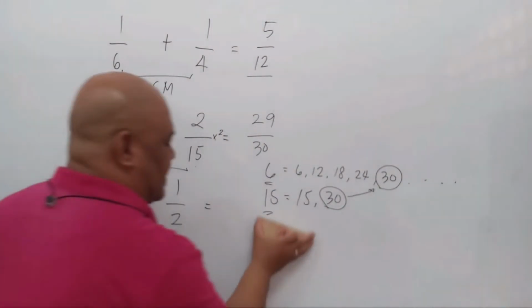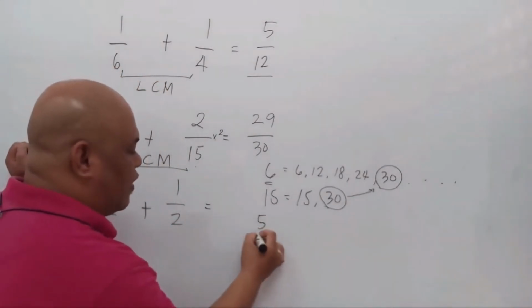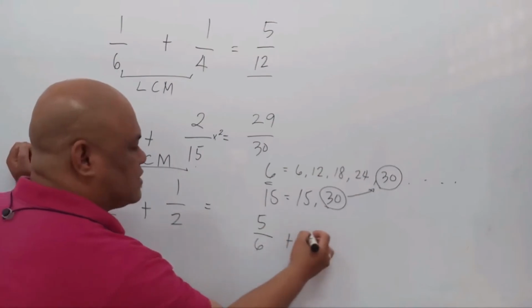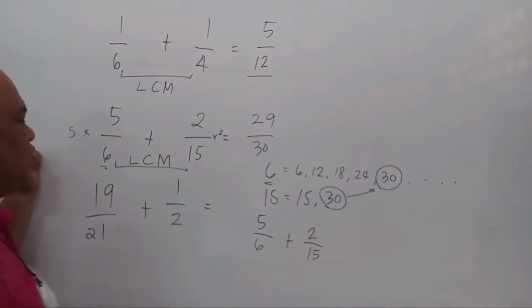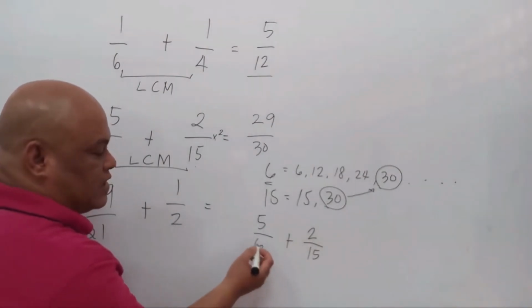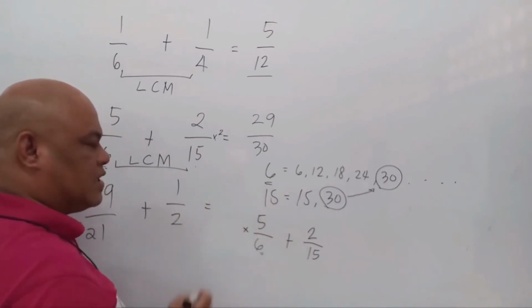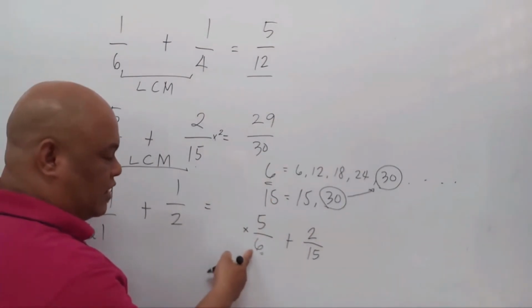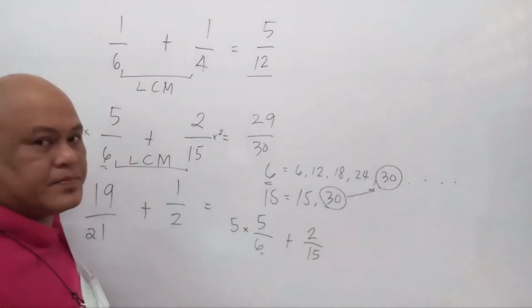Now, let's do this. 5 over 6 plus 2 over 15. Like I said, to get the multiple of 6, you have to get the LCM. And the LCM is 30. To get the 30, you have to multiply by 5.